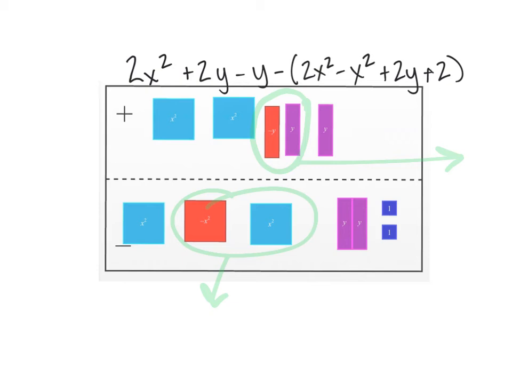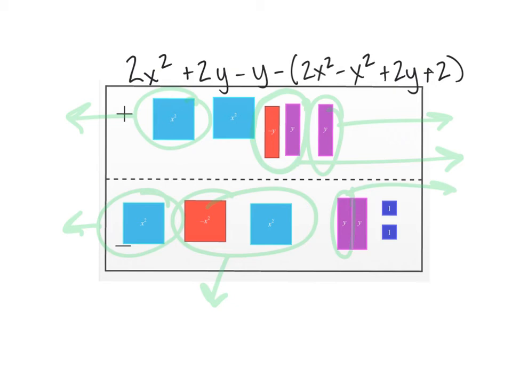Then I look to see what tiles I have that are the same tiles but in opposite regions. So I have an x squared in the positive region and an x squared in the negative region. They can be removed because they make a 0 pair. And I have a y tile in the positive region and a y tile in the negative region. They can also be removed because they would make a 0 pair.